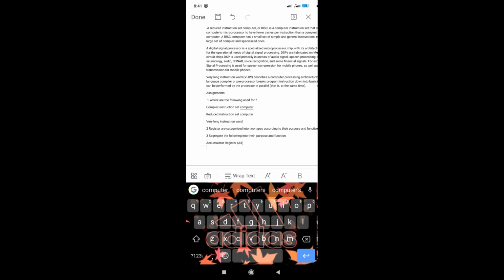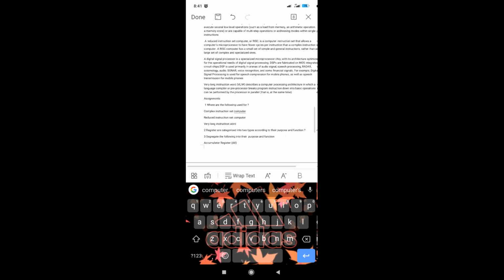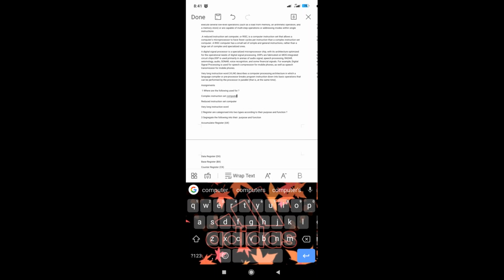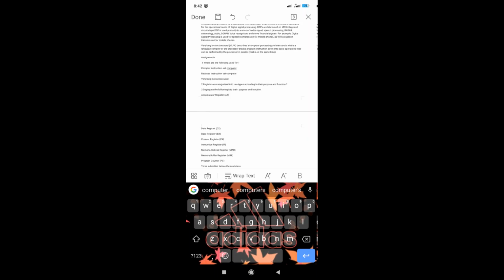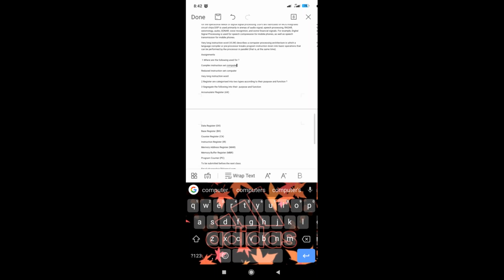Question 3. Segregate the following into their purpose and function. The first one is accumulator register, AX.